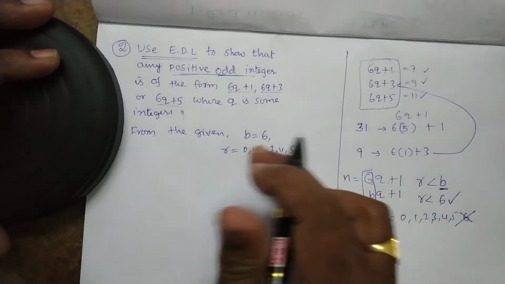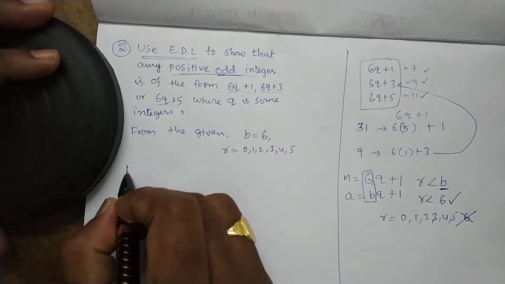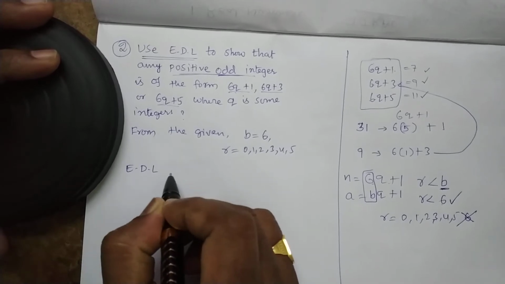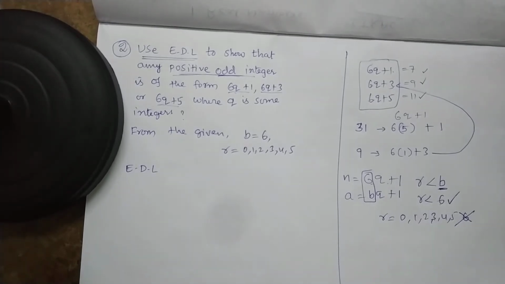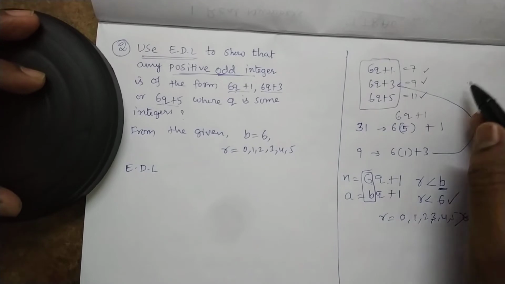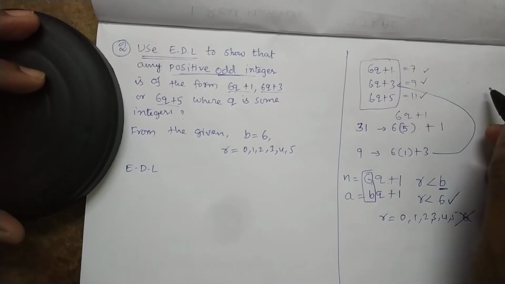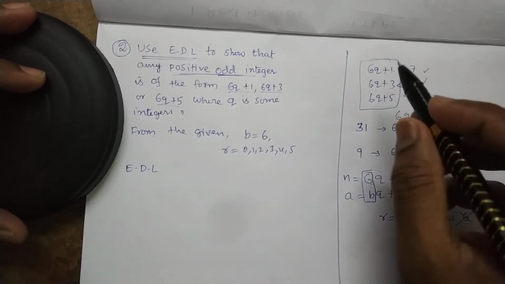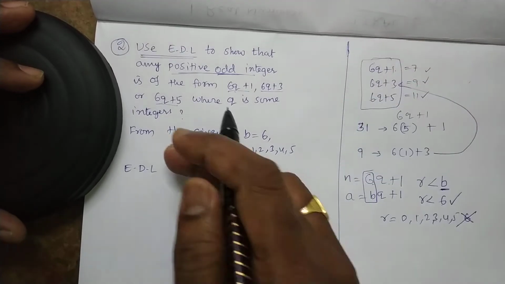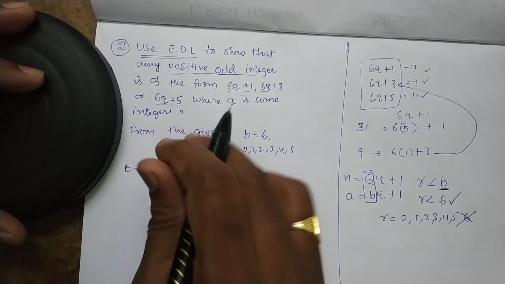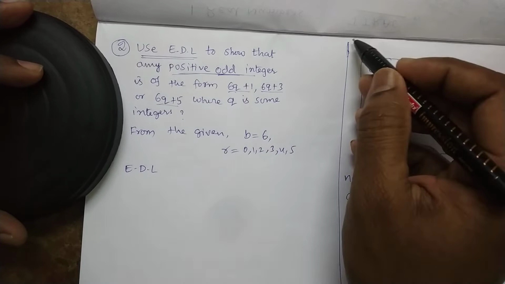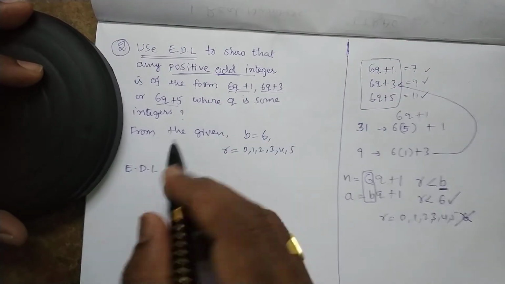Now you have to substitute these values in Euclid's division lemma. Some teachers will write a table and substitute the numbers 1, 2, 3, 4. I think you better don't do like that. Always write it the best way, as we are going to do here.